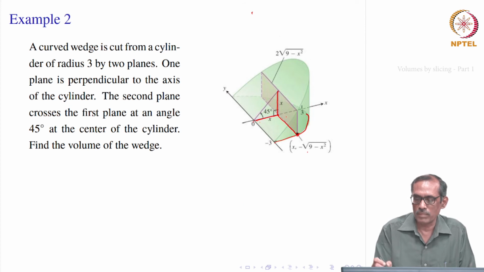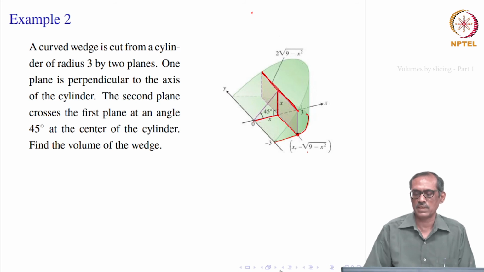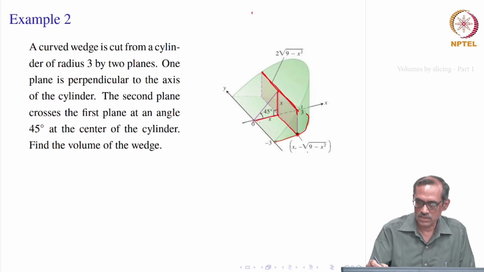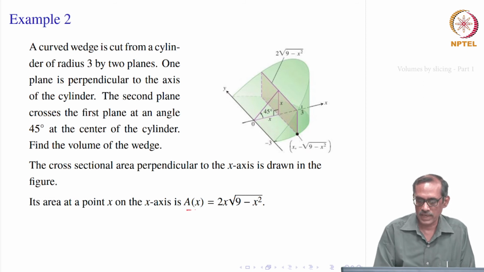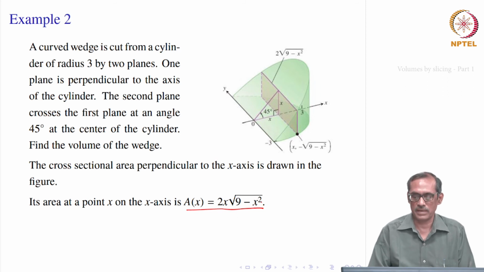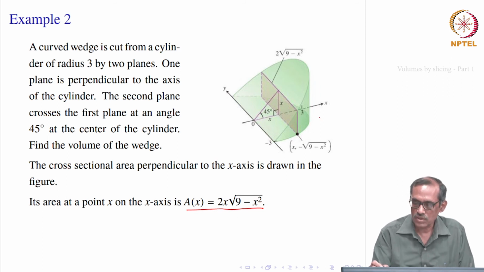Then the slice is now a rectangle. So, its length is 2 times square root of 9 minus x squared, and the other side is of course x. Therefore, the cross sectional area is A(x) equals x times 2 times square root of 9 minus x squared, and x goes from 0 to 3, right.